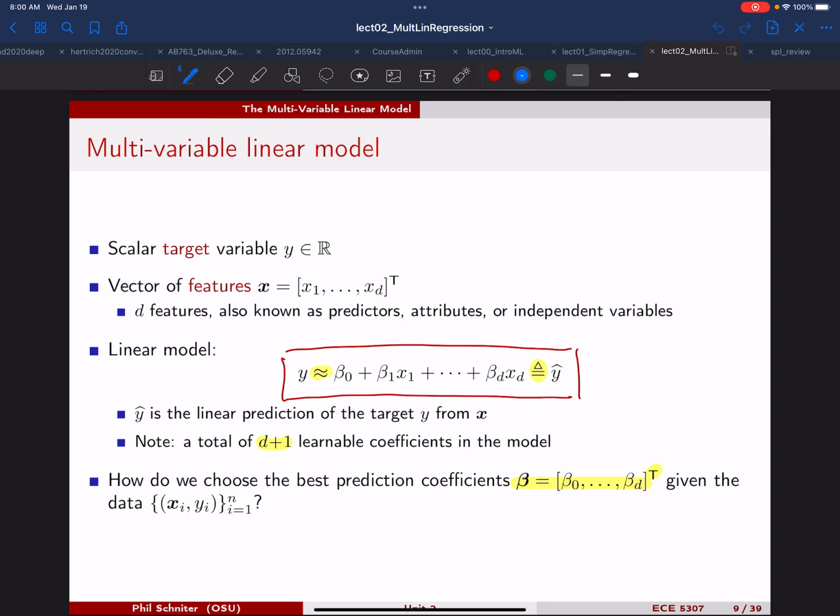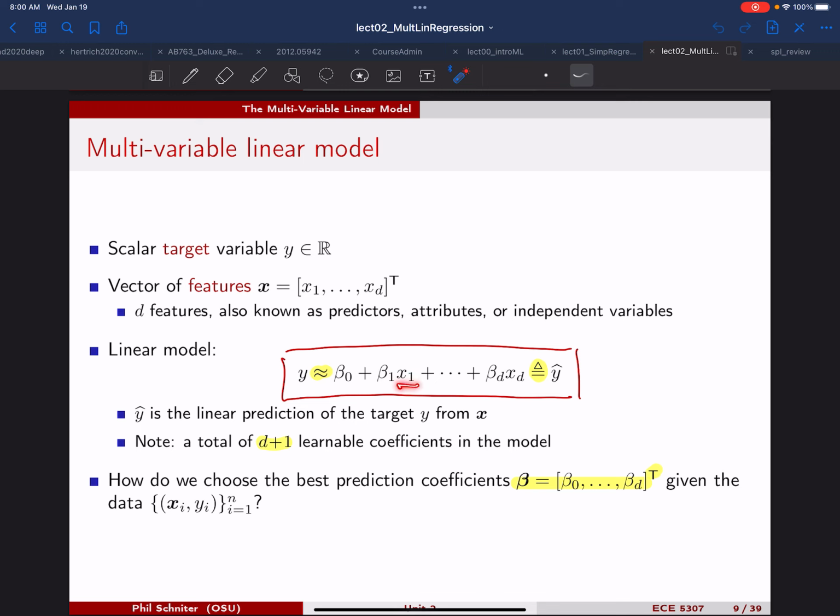So let's get started again on what we were discussing last time. We were talking about using multiple variables, multiple features to predict the target. This is an extension from the last unit where we only used a single feature to predict the target.